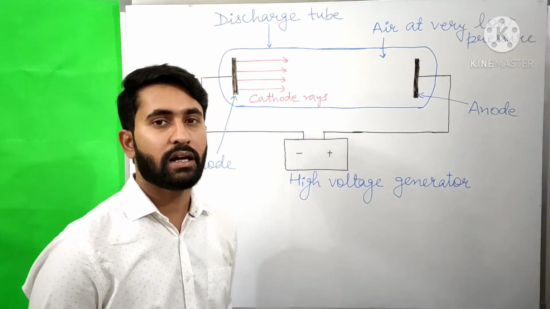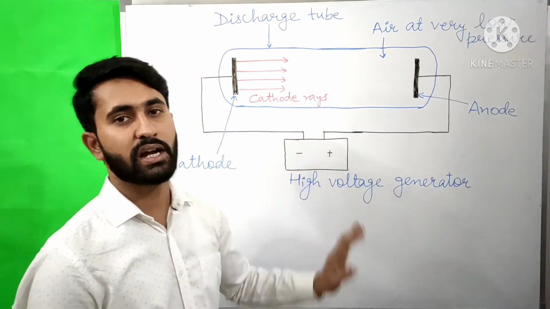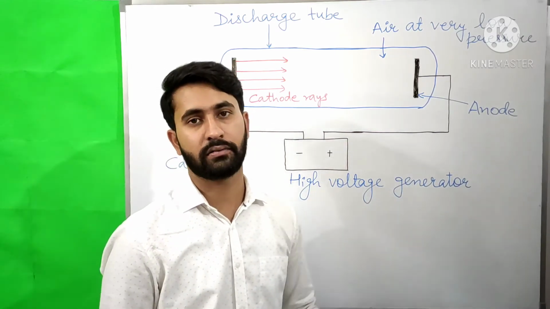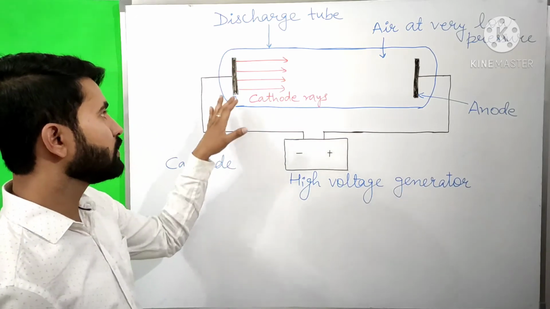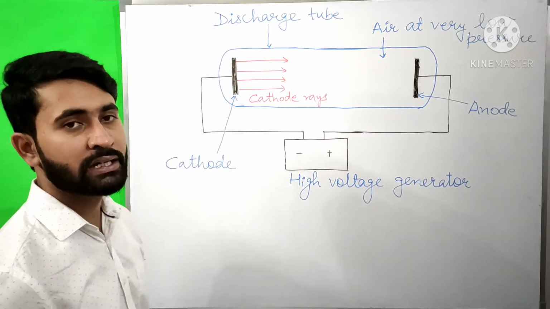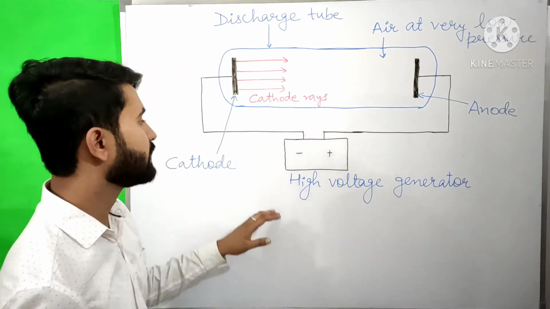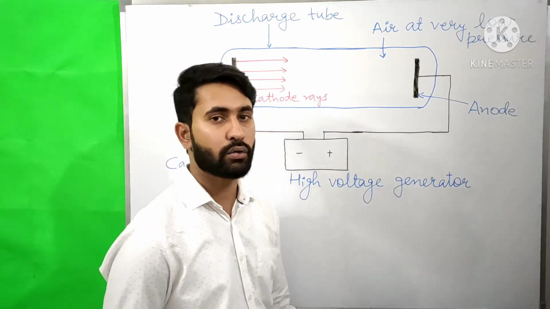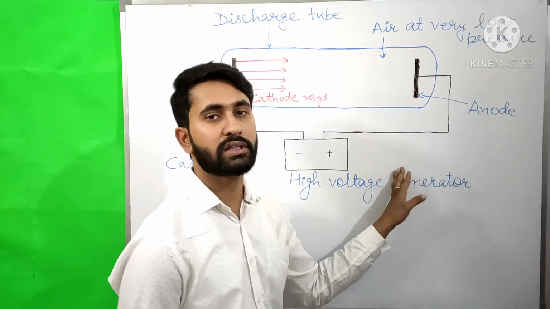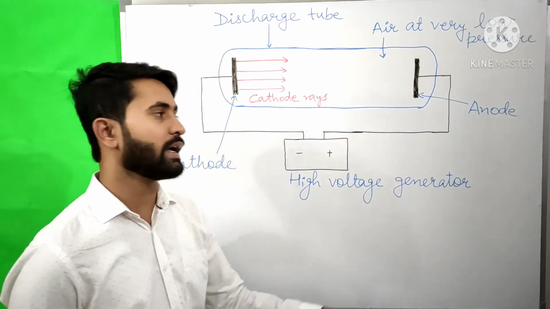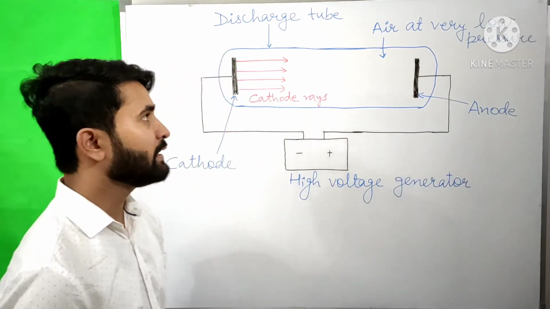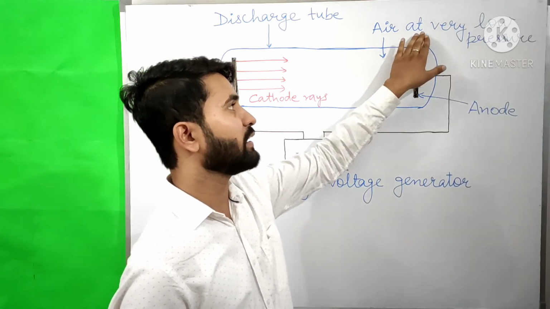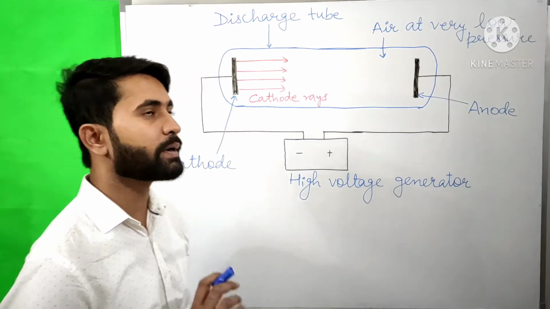I have made a diagram of a discharge tube that is connected with a high voltage generator. The electrode connected with the negative terminal is known as the cathode, whereas the electrode connected with the positive terminal is known as the anode. Inside the discharge tube, the air is at a very low pressure.